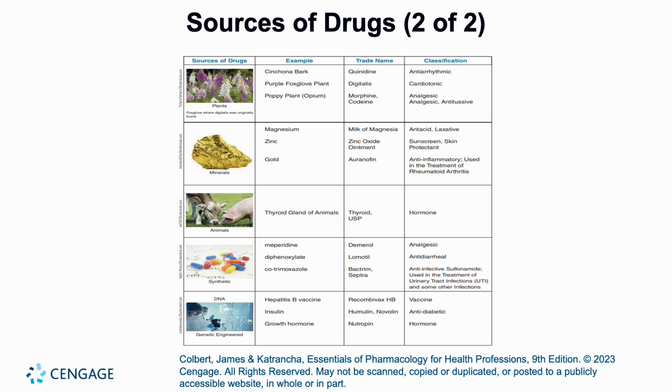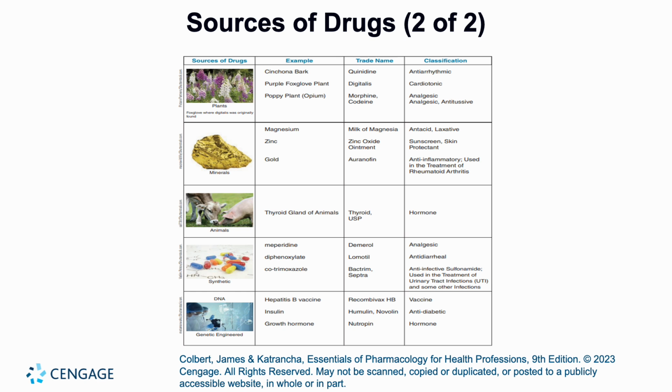The following table has some sources of drugs and some examples of them. So the first column here says plants. An example they give is cinchona bark, trade name quinidine, which is classified as an antiarrhythmic, helps with cardiac dysrhythmias. Another example they give under plants is purple foxglove plant, trade name digitalis, which is cardiotonic.